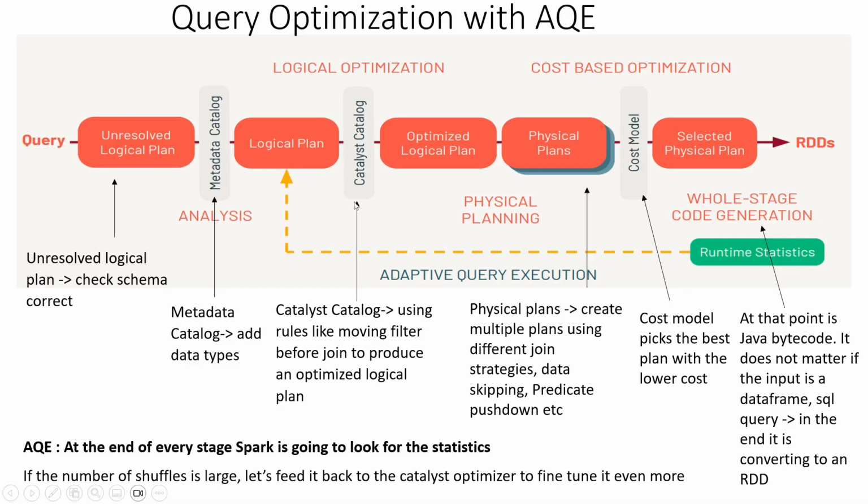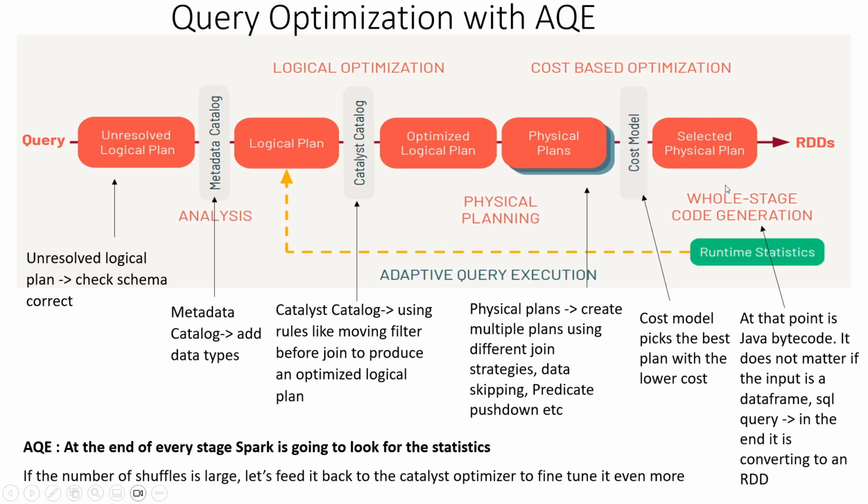Now, the Catalyst Optimizer is using rules like moving filter before join to produce an optimized logical plan. So the purpose of the Catalyst Optimizer is to produce an optimized logical plan. And based on this optimized logical plan, we create multiple physical plans using different join strategies, data skipping, predicate pushdown, etc., etc. And the cost model picks the physical plan with the lowest cost.